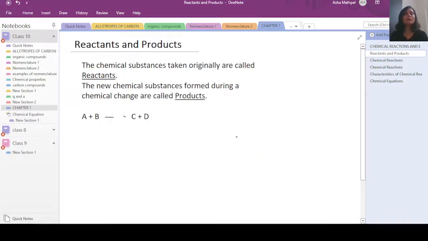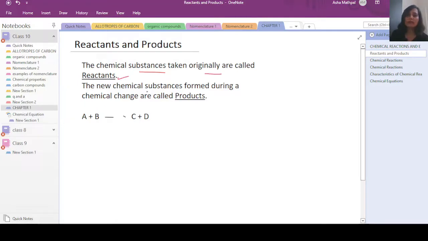Reactants are simply the materials which are present at the beginning of the chemical reaction, and all those things which are formed at the end of the chemical reaction are called the products. So here also the same thing is mentioned. Chemical substances taken originally are called reactants.